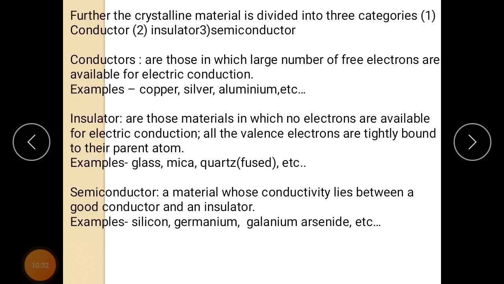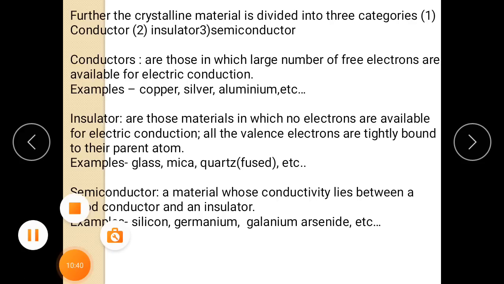Second is insulator. Insulators are those materials in which no electrons are available for electric conduction.